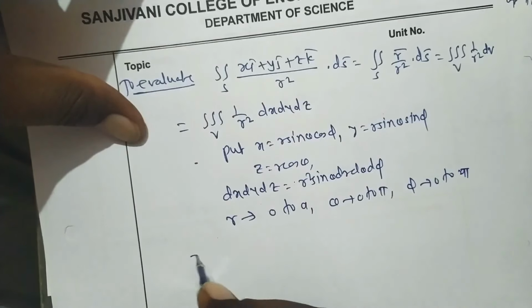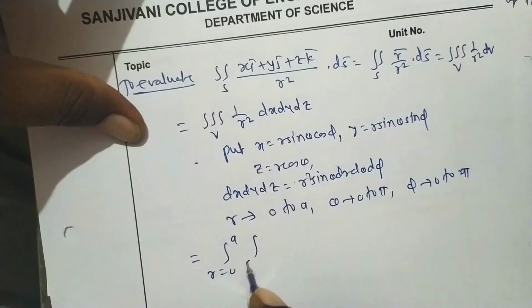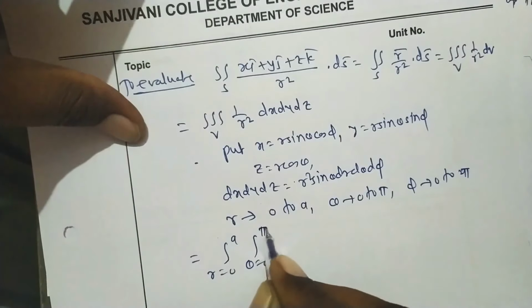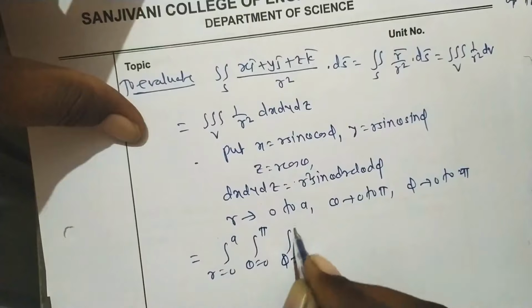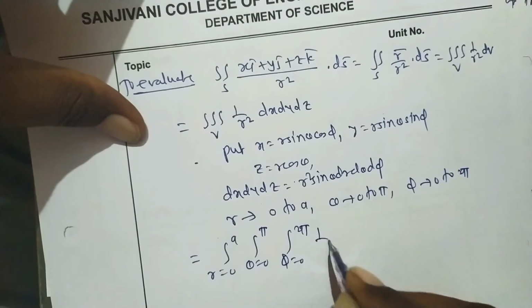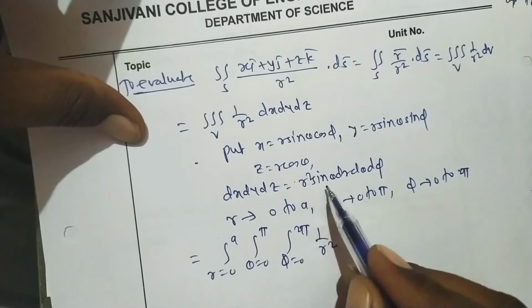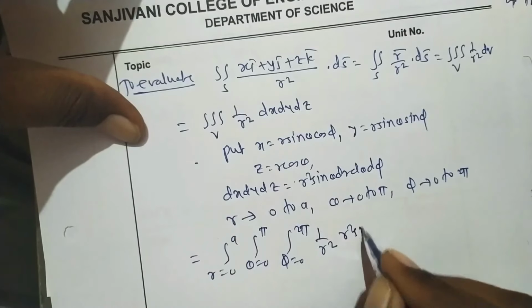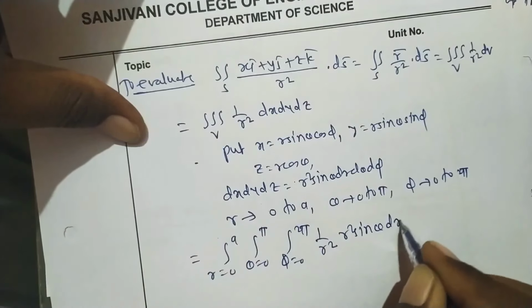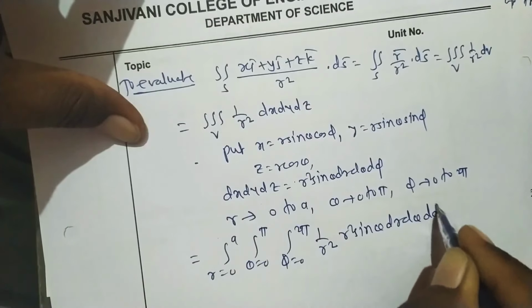So if you put it here, this is equal to: r varies from 0 to a, theta varies from 0 to pi, phi varies from 0 to 2 pi, 1 upon r square as it is, dx dy dz. What is the value of dx dy dz? It is r square sin theta dr d theta d phi.